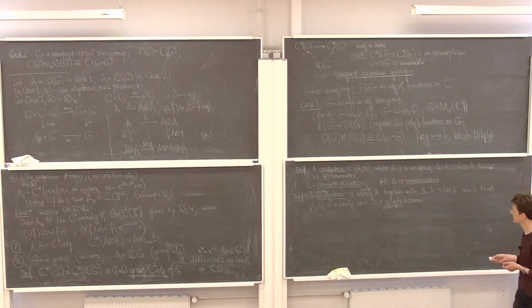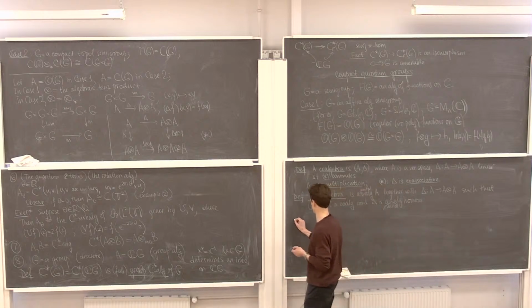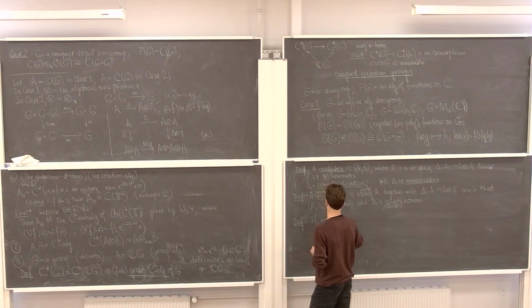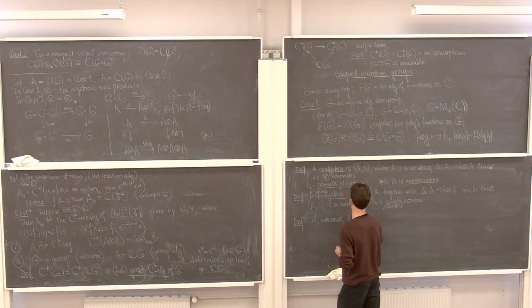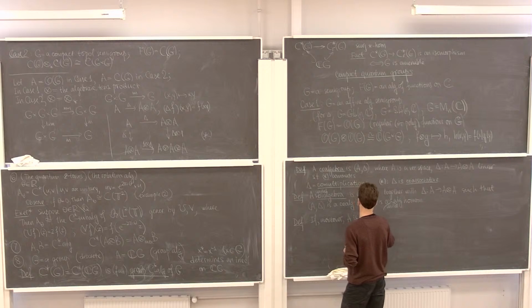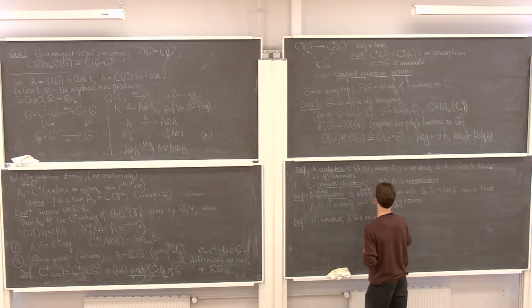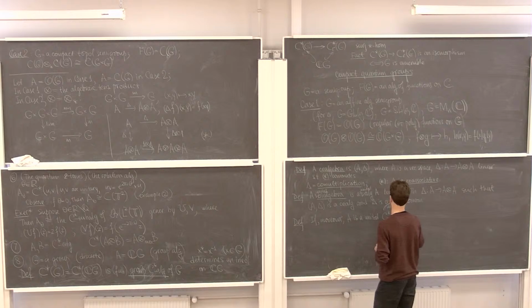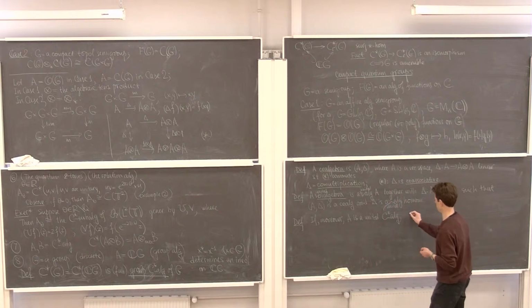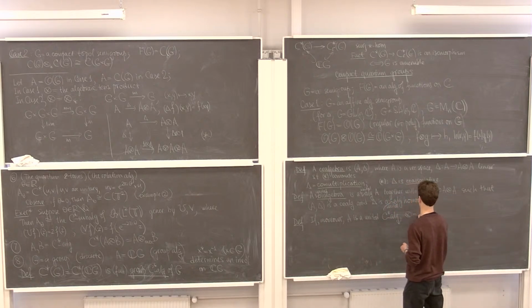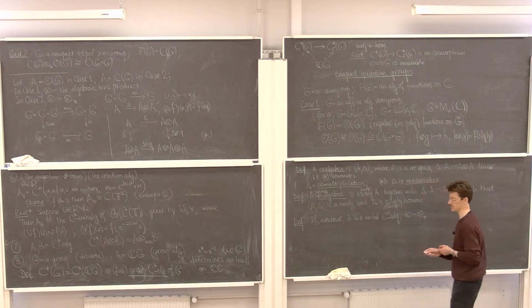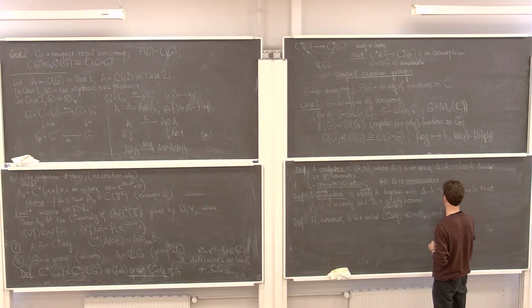And finally, if, moreover, A is a unital C-star algebra, the tensor product sign means the minimal C-star tensor product, and delta is a star homomorphism.